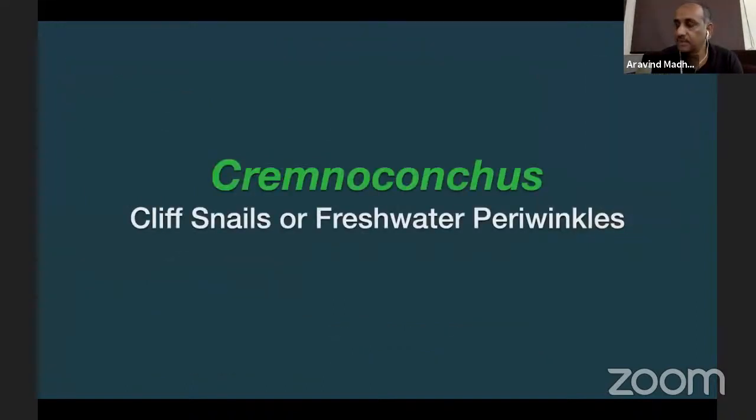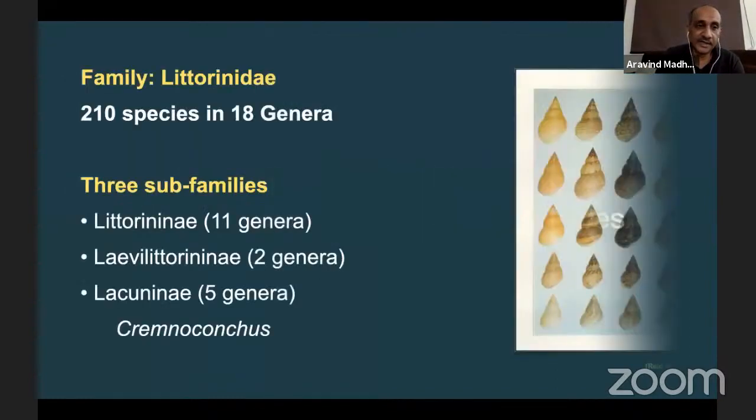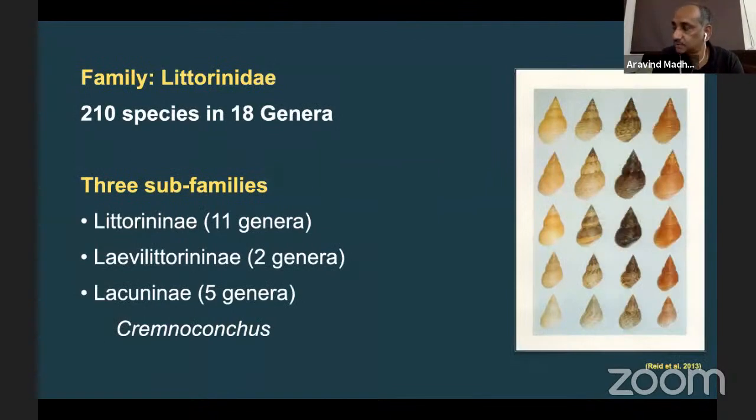The second example of freshwater mollusk I give is of the Cremnoconchus, or what we call the cliff snail, or freshwater periwinkles. They are very tiny mollusks, less than a centimeter or so, and they belong to a family called Littorinidae.